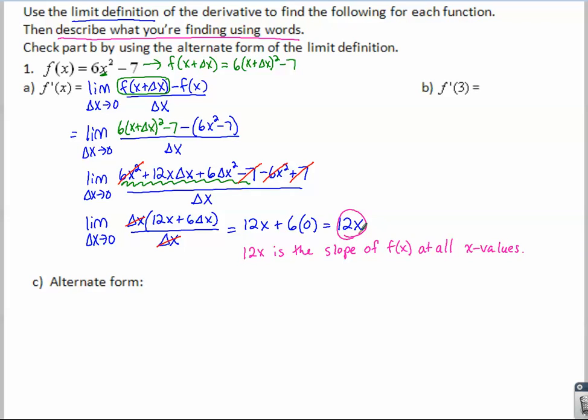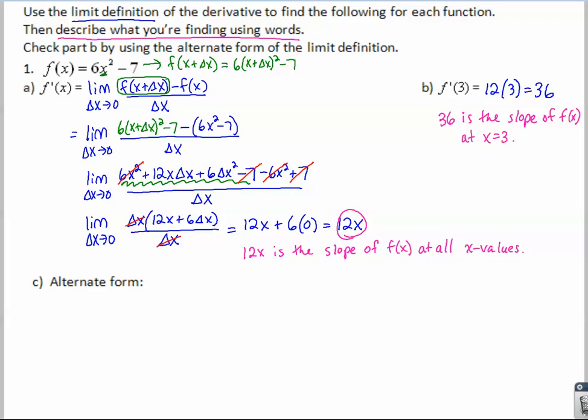Now let's take it to part B and plug in the 3. So 12x is f prime of x, so 12 times 3 is 36. So the way we answer what that means is 36 is the slope of f of x, but only at x equals 3. The slope of f of x at x equals 3 is 36.